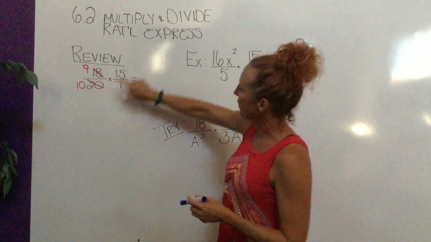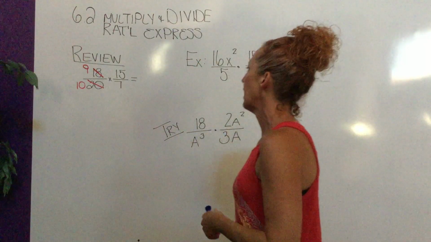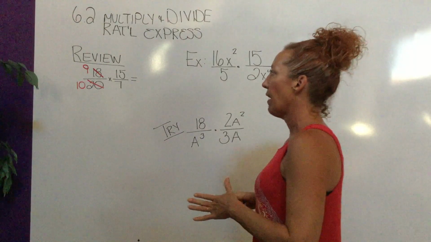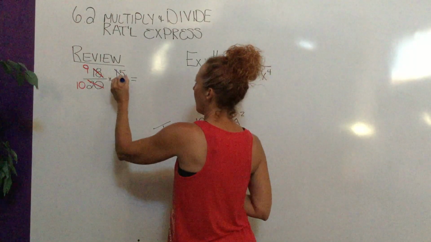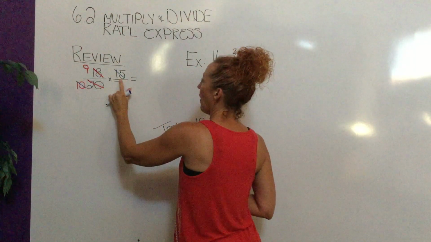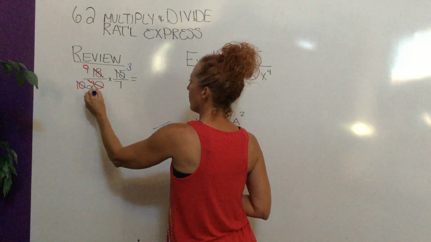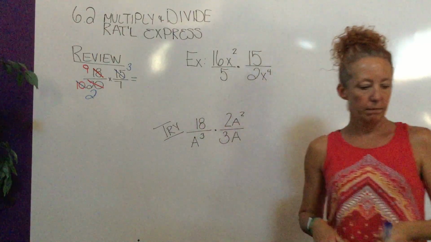I see this 15 and that 10, and both of those numbers are divisible by 5. They have that common factor of 5. 5 goes into 15 3 times, and 5 goes into 10 twice.